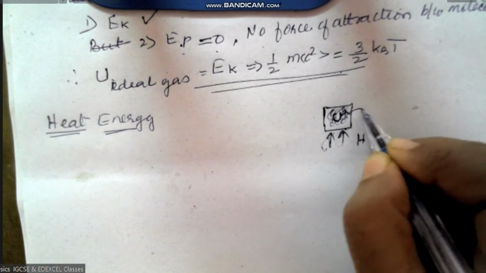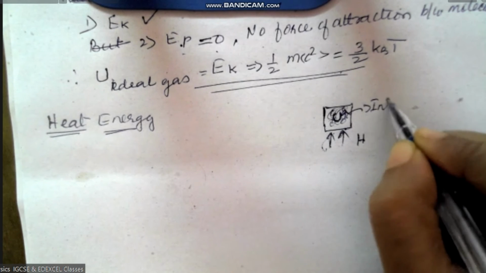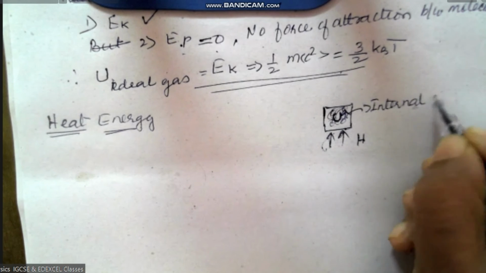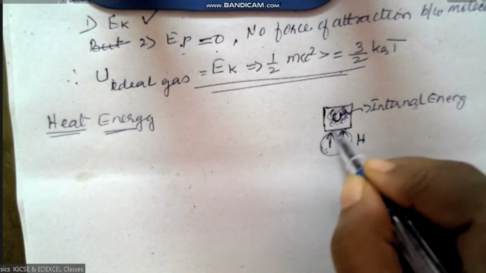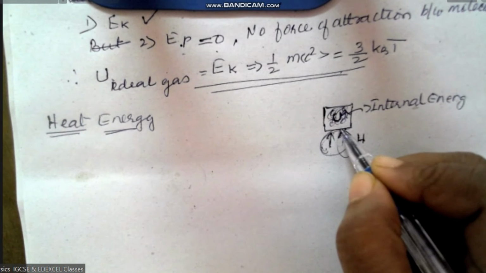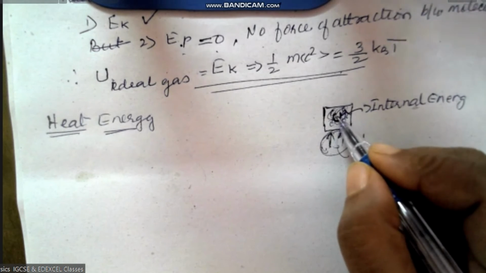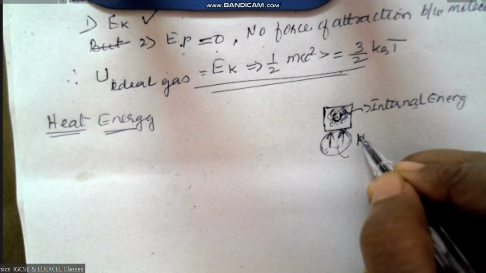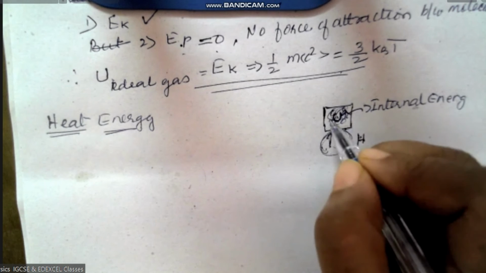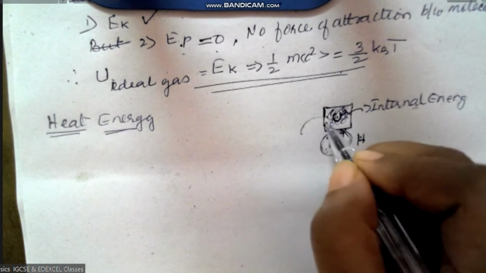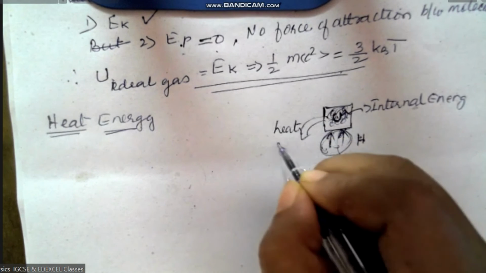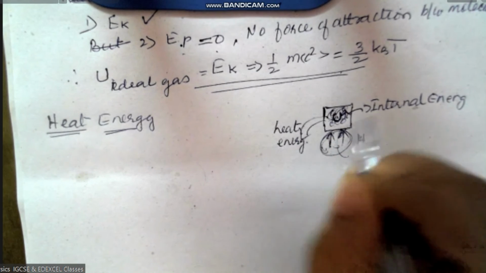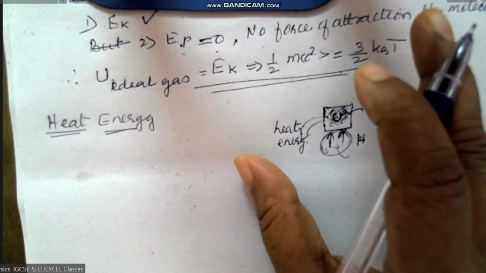So what happens to the molecules inside is internal energy. But how much energy is given from outside is heat energy. Or when you cool it, how much energy it loses, that also is heat energy.